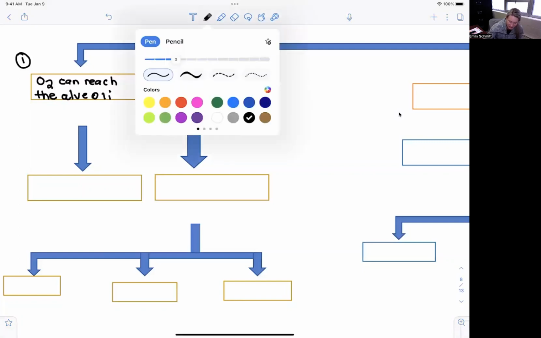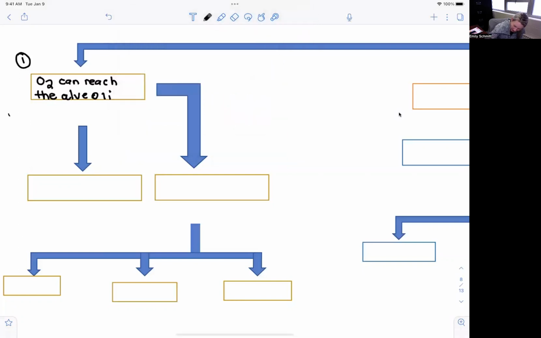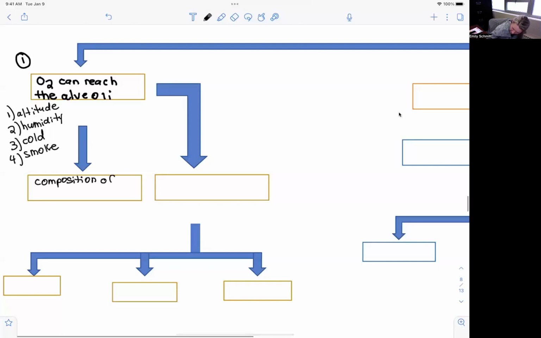And we know that this is impacted by several factors. So we will talk in the next lecture about altitude, humidity, cold, and smoking or smoke in the air as well. And so what influences this is the composition of inspired air, as well as your ability to ventilate.